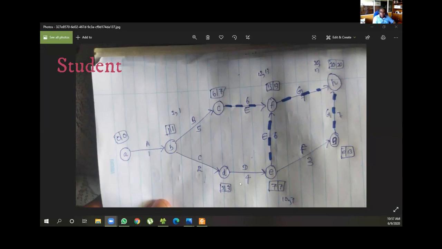Which part do you want to combine? After D and B, then how to get D? D is this. For the time being, keep it as it is.